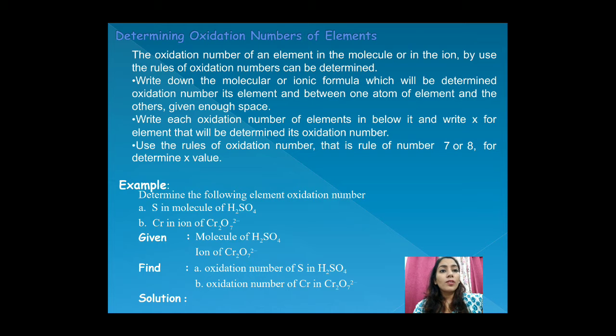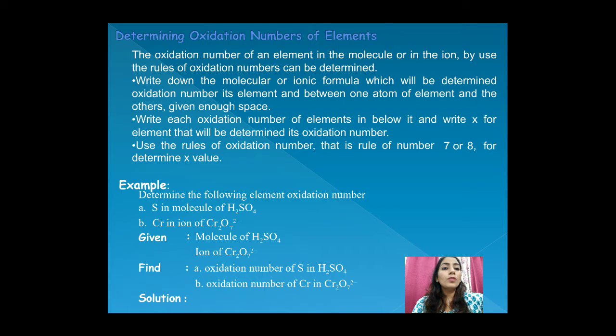First, write down the molecular or ionic formula whose oxidation number is to be determined, leaving enough space between the atoms. Write the oxidation number of each element below it, and write X for the unknown element whose oxidation state we have to find.